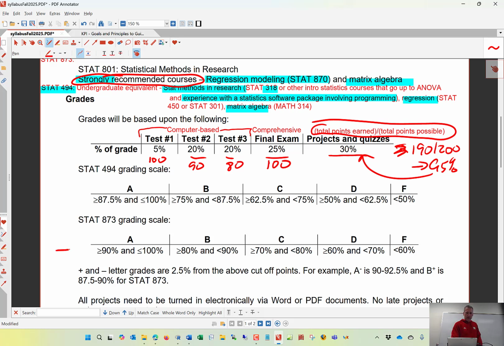For 873 students, we have a standard grading scale associated with it for A's through F's. For 494, since these are undergraduates, there's a little bit more leeway in terms of the grade categories there. I do assign plus and minus letter grades, and they are 2.5% from those cutoff points that you see there.